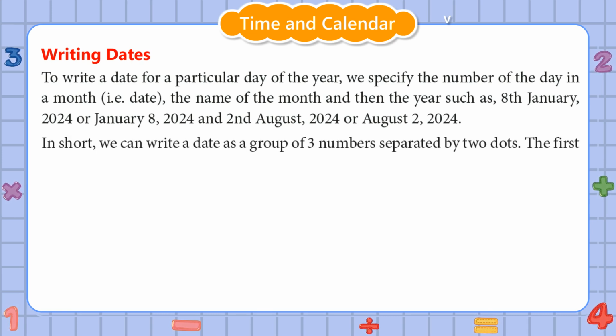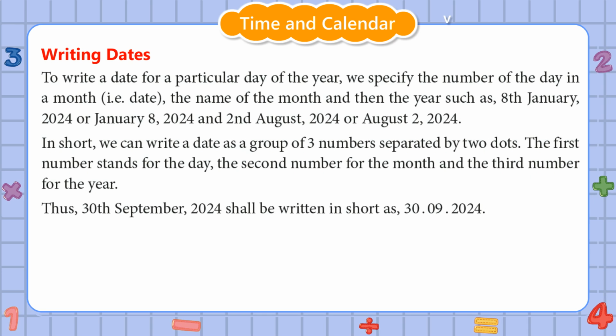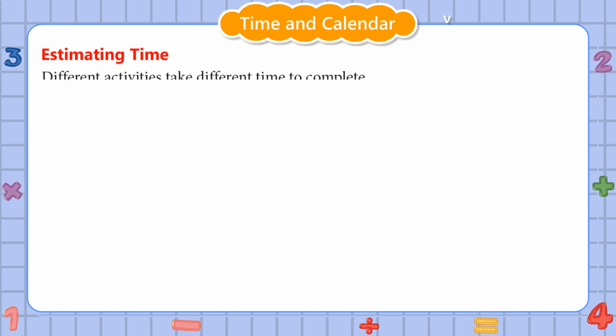In short, we can write a date as a group of 3 numbers separated by 2 dots. The first number stands for the day, the second number for the month, and the third number for the year. Thus, 30th September 2024 shall be written in short as 30/09/2024.